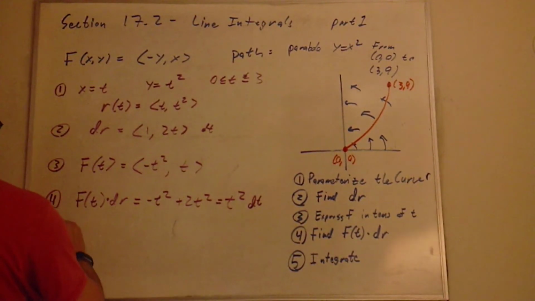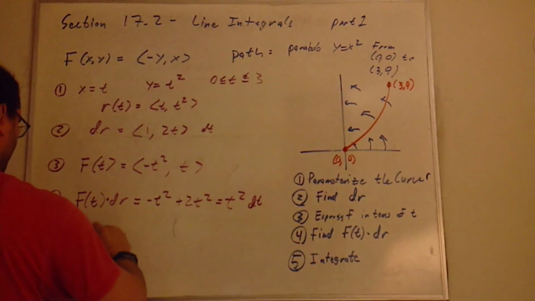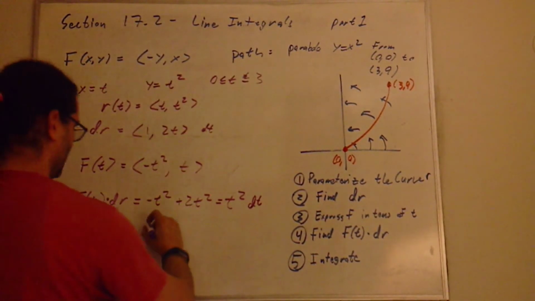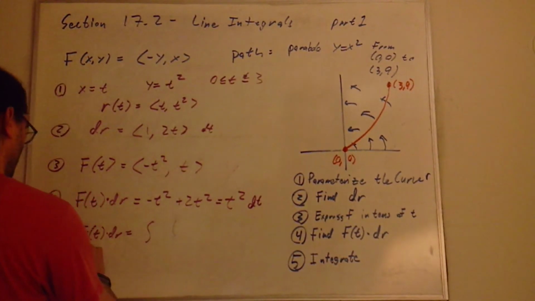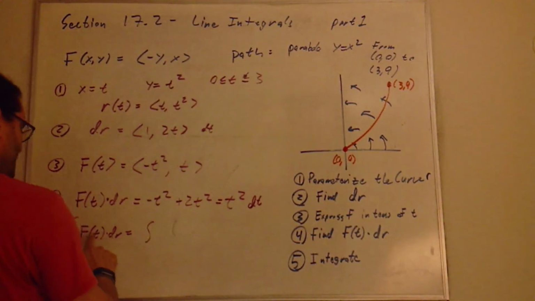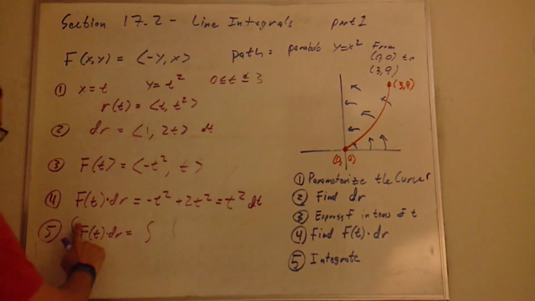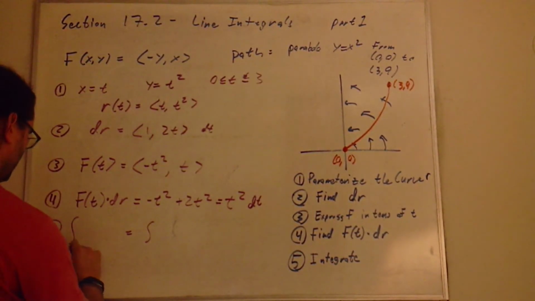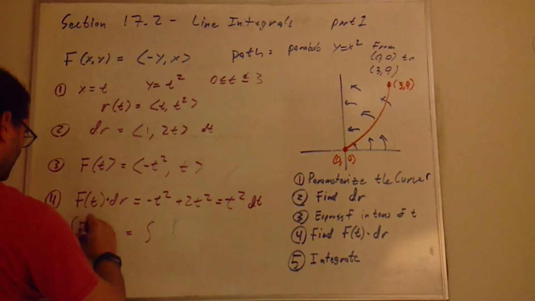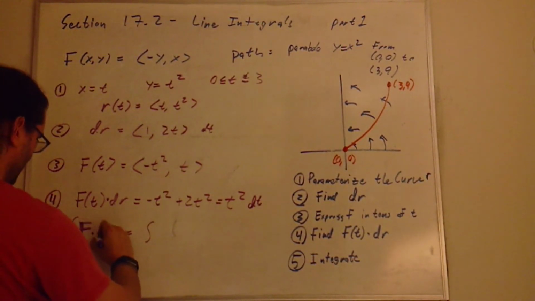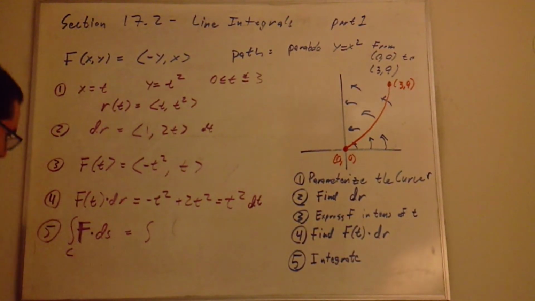So, we have the thing we're integrating. In step 5, when we integrate, the integral of f of t dot dr is the integral along the path. No, I forget how this, I think when the book does it, I feel like the book writes this as the integral along the curve of big bold F dot ds, I think.